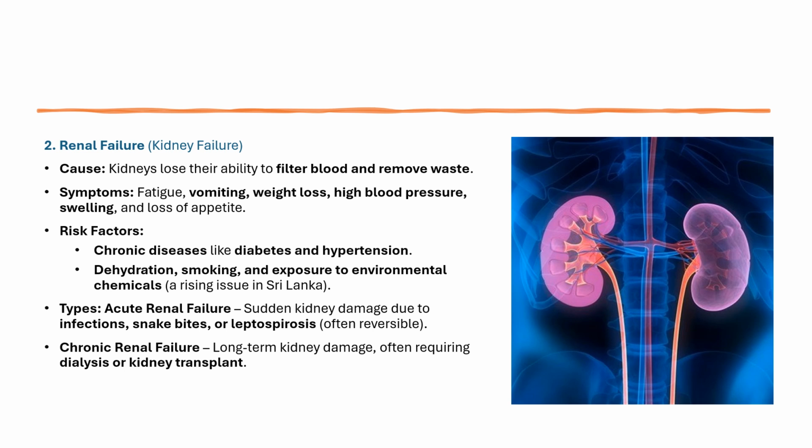These are long-term kidney damages, and it's really hard to recover from them. It requires dialysis or kidney transplant. Chronic kidney failure is so common in areas like Anuradhapura and Polonnaruwa in Sri Lanka, and they are very serious issues.